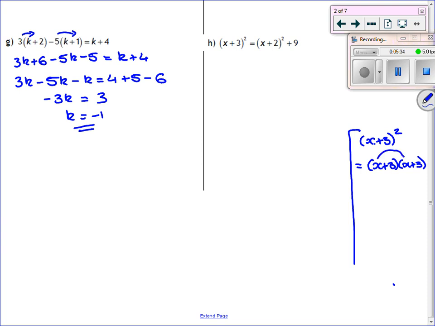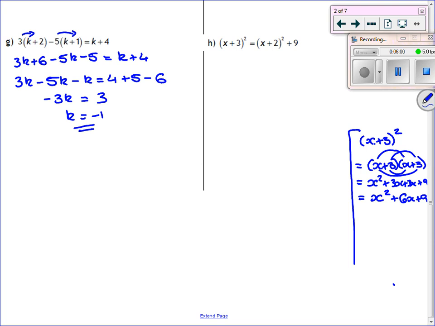X times x gives me x squared. 3 times x plus 3 times x, so it's 3x plus 3x. And then 3 times 3 is 9. So if you're doing it at the same time as me, you should get x squared plus 6x plus 9.